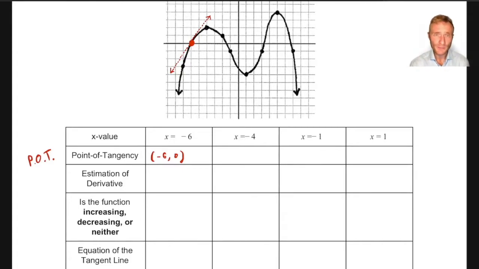And so what we have here looks pretty good. I can look at that red line and say it looks like it has a slope of 2/1. So it looks like an estimation. The derivative is the slope of the tangent line. The derivative at -6 looks like it's 2. Next couple of questions: is the function increasing, decreasing, or neither?